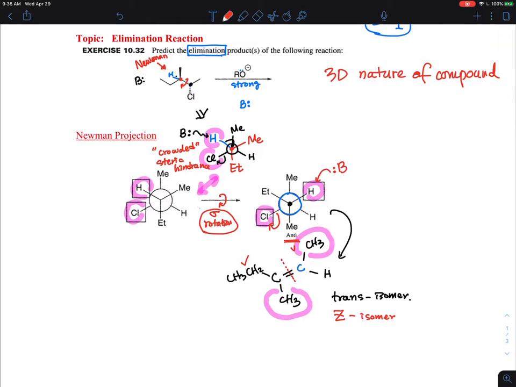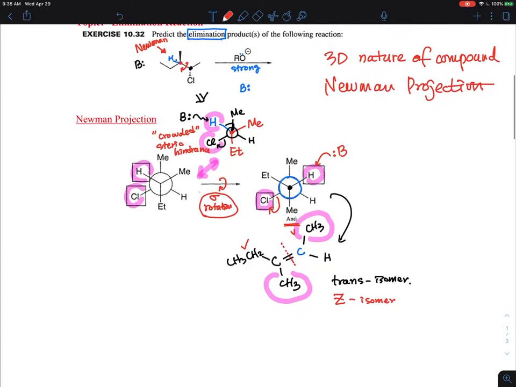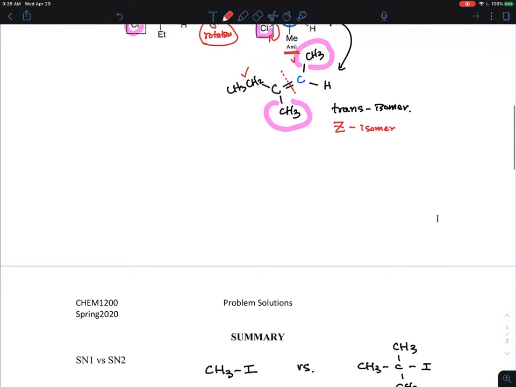And then we are using this to have a better understanding. So Newman projection has been used. I think I have some issues with this program. Newman projection. And then we were able to predict this.